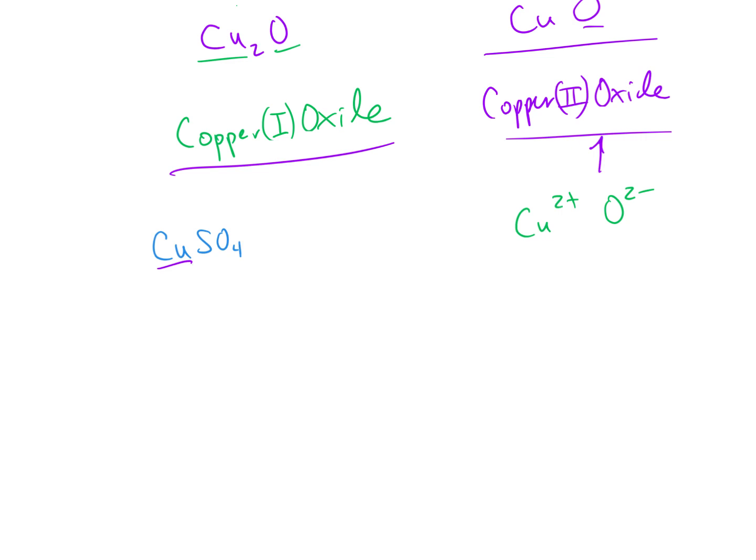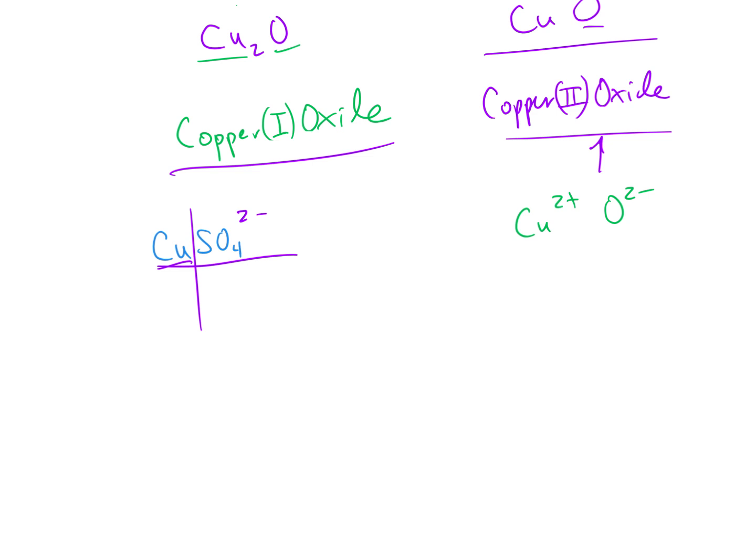Do you remember how we figured it out? Well, let's find out. Do we know the charge of this, sulfate? We look on our periodic table, or on our sheet, and it's 2 minus. How many are there?